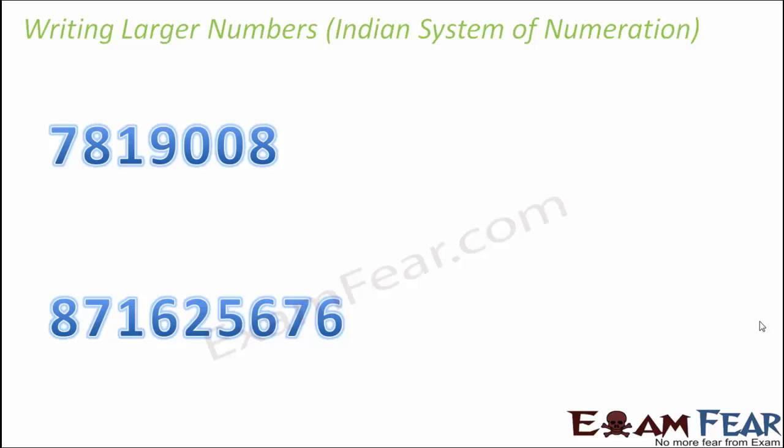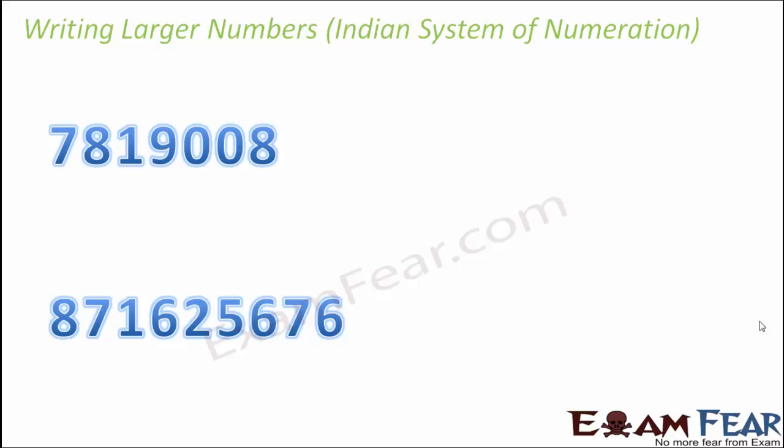Now, is there any way by which we can represent a number in such a way that it becomes easier for us to find out which part represents lakhs, which part represents thousands? Because if we are able to determine that, we will very quickly be able to tell the name of that number. So writing these larger numbers in a better way would make it more convenient to read or name the numbers.